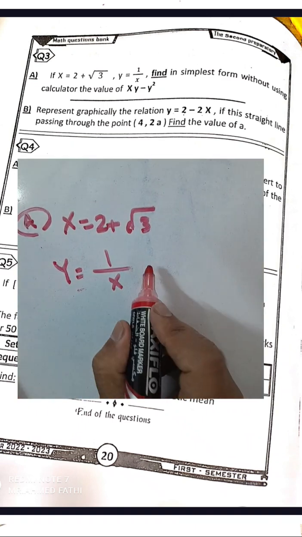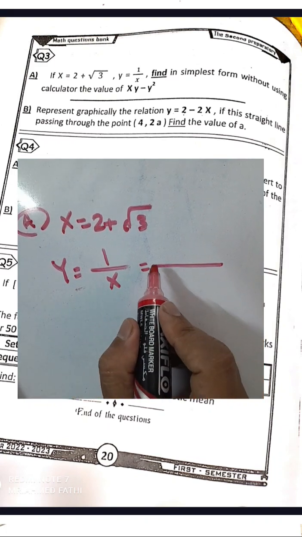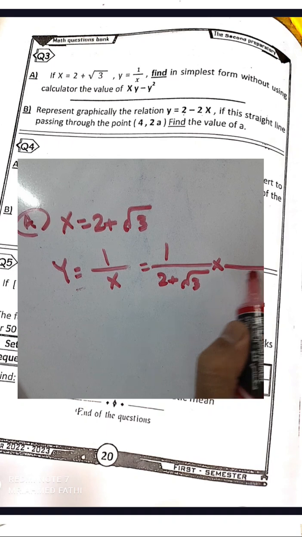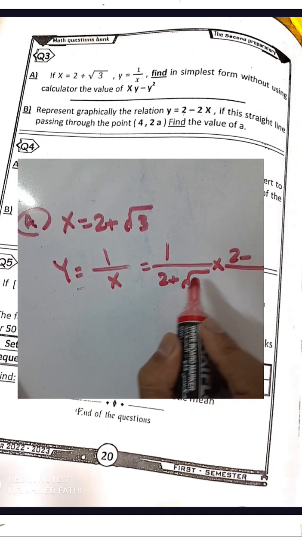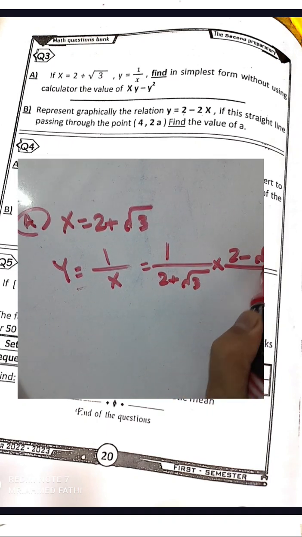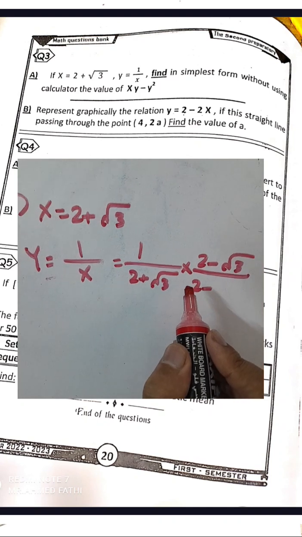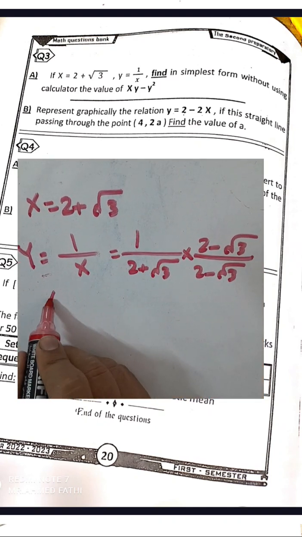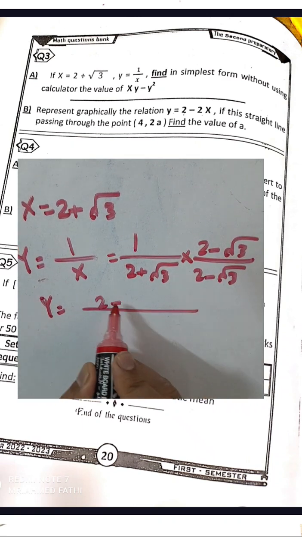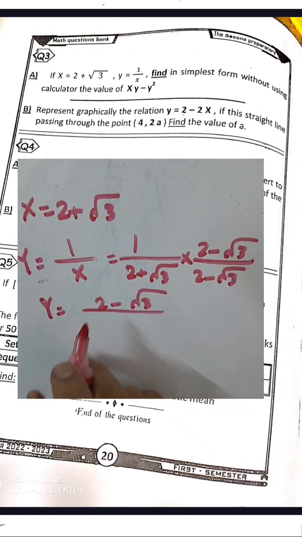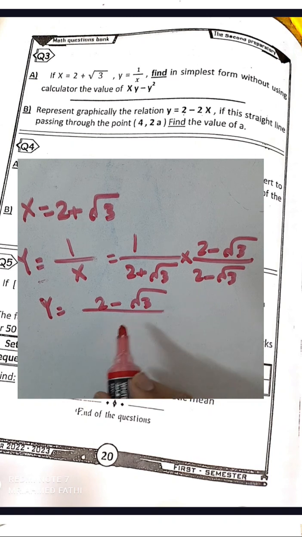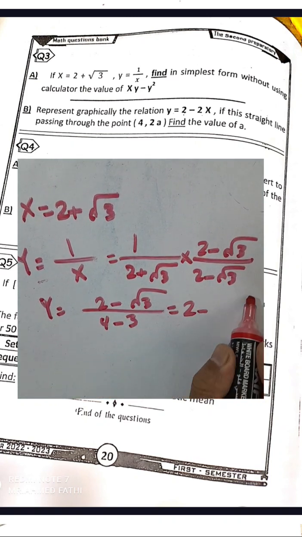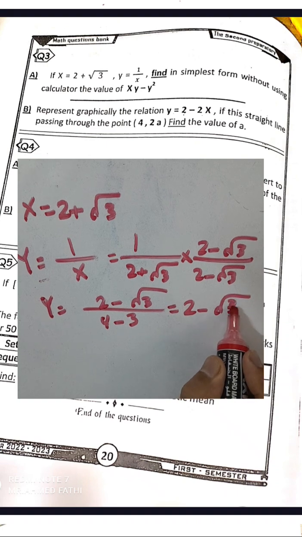Okay, we can put x here to find the value of y, 1 over 2 plus root 3, and then you can simplify it by multiplying by the conjugate of the denominator. Then y equals 2 minus root 3 over 4 minus 3, so the result will be 2 minus root 3. It's the value of y.